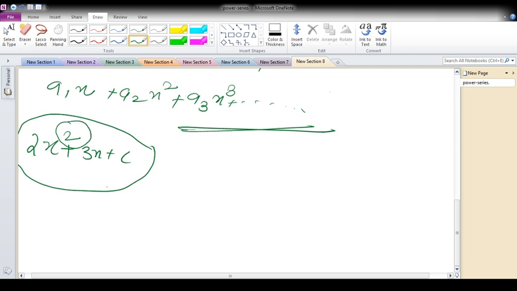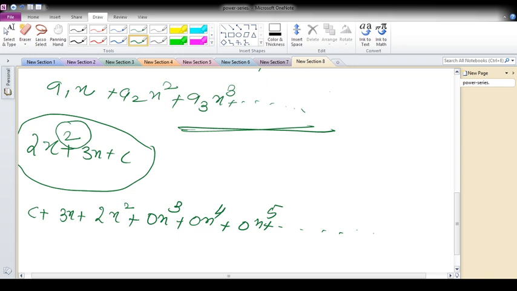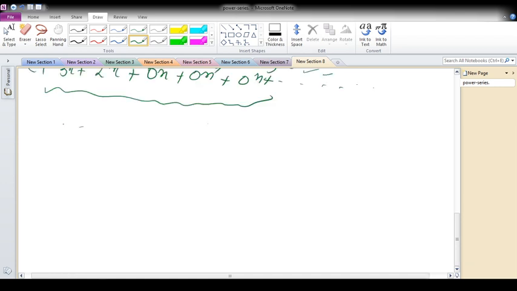We can write it as c plus 3x plus 2x square plus 0x cube plus 0x power 4 plus 0x power 5 plus etc. So all other coefficients of the power series are 0. So every polynomial can be written in power series form.